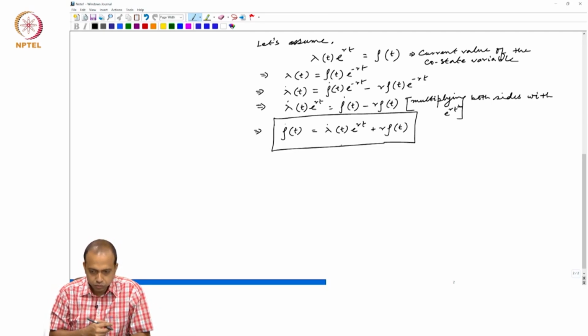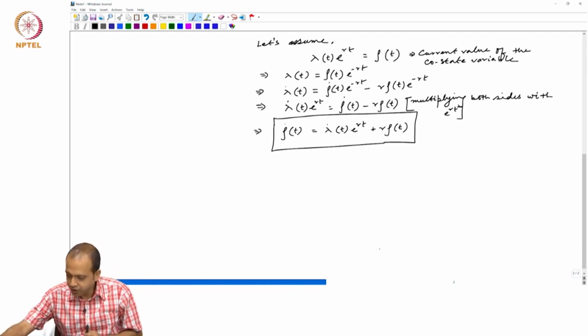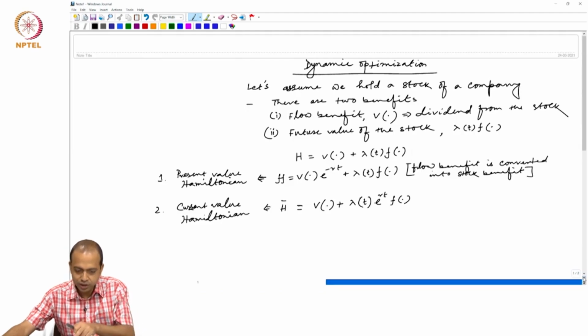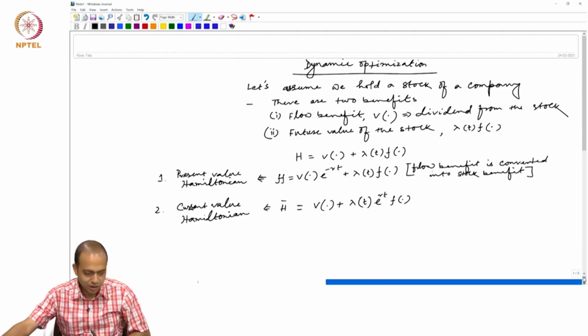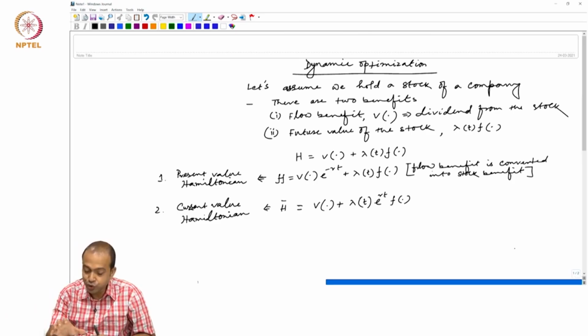Now, previously we have defined the h function, particularly the present value Hamiltonian equals to this. So, present value Hamiltonian, if we differentiate, that means when you are trying to maximize the flow and stock, these two benefits, what we have to do actually is differentiate this Hamiltonian with respect to your decision variable, which is nothing but y t, very simple, and set it equal to 0.